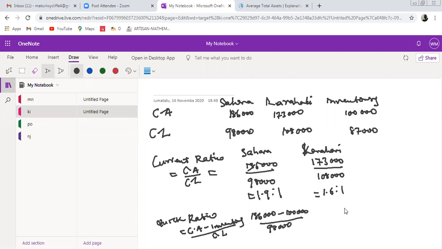You do the same for the Kalahari, which is 173 minus the stock, which is actually 87,000, over the current liabilities, which is 108,000.